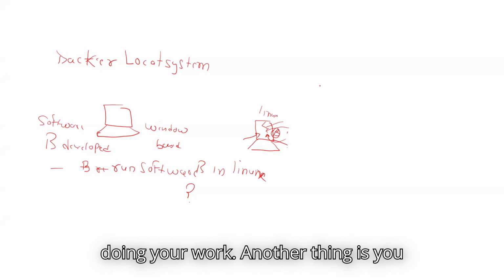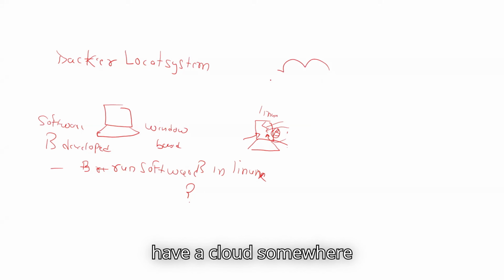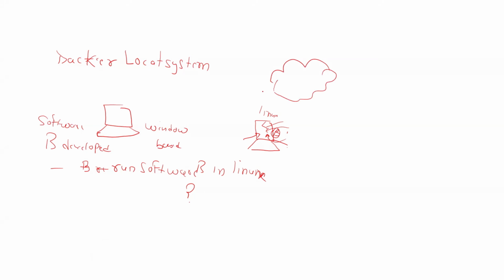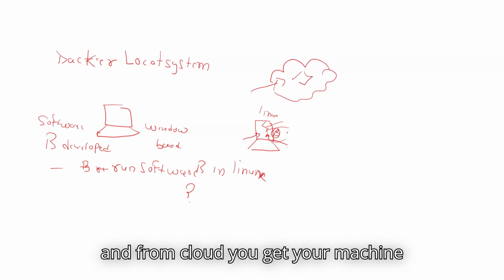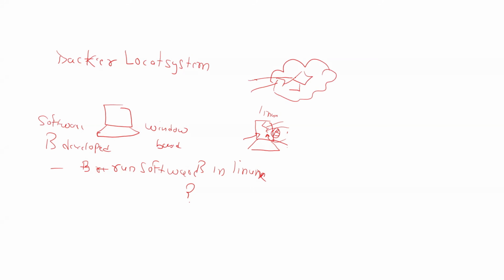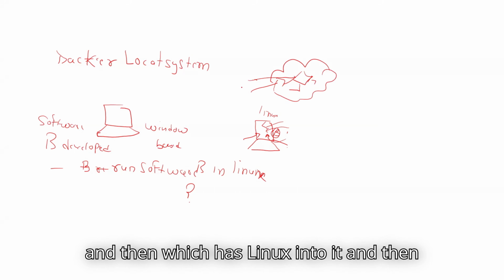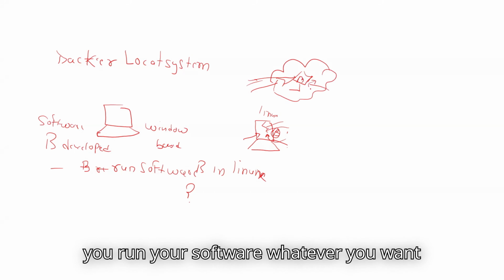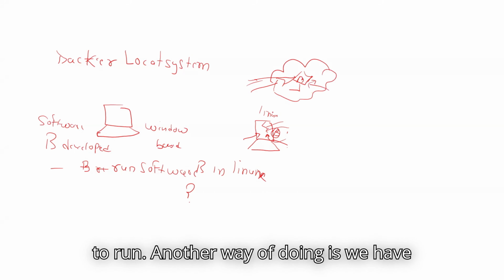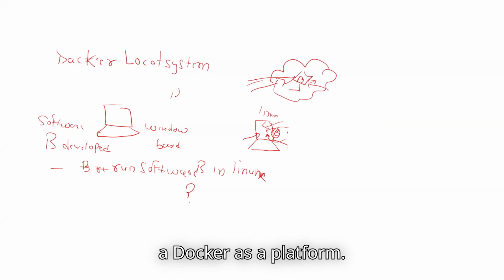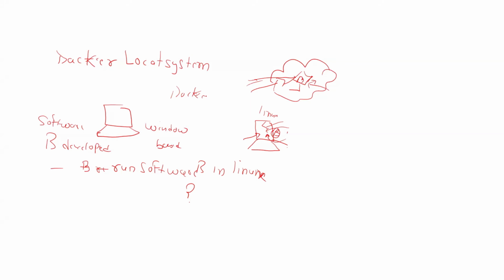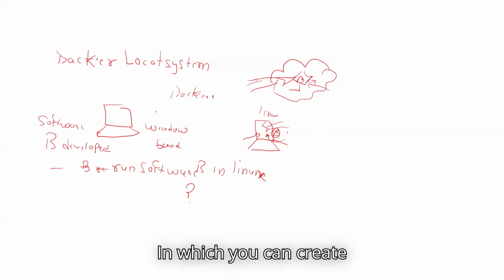Another thing is you have a cloud somewhere, and from the cloud you get your machine, which has Linux on it, and then you run whatever software you want to run. Another way of doing it is to use Docker as a platform, in which you can create a container.